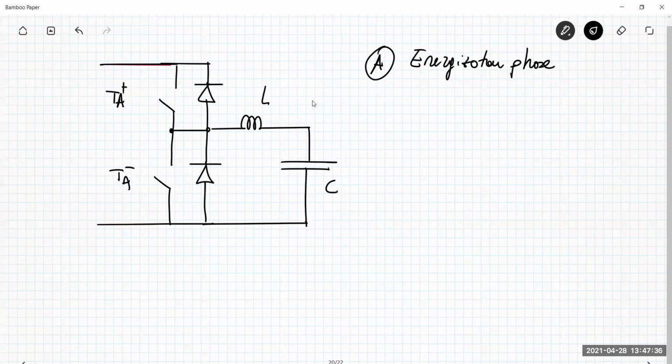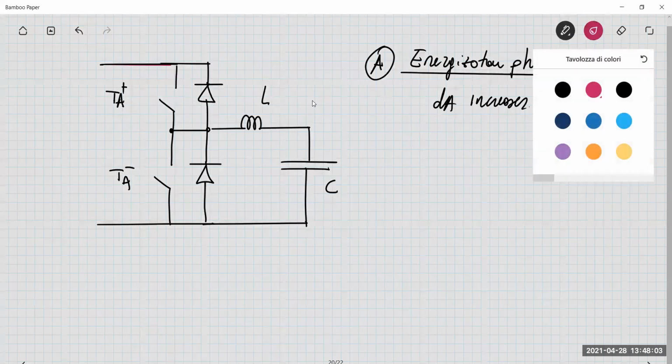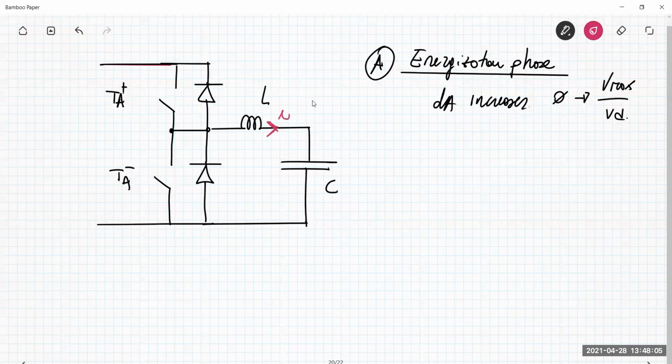I can provide charge to the capacitor to make it longer. The duty cycle is increasing from 0 to Vmax over Vd. The current is positive, so the current I goes in this direction.